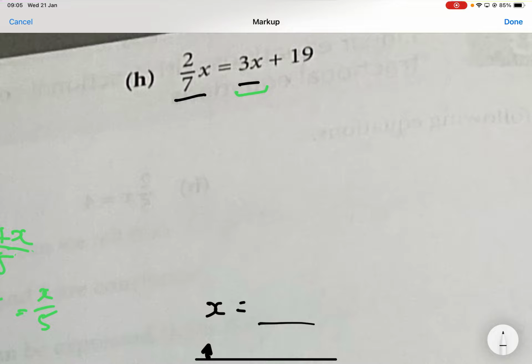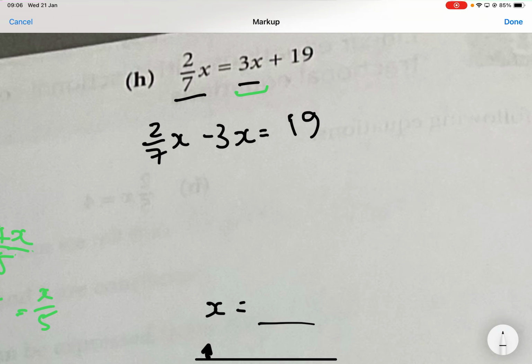Okay? So my 2/7x is on the left, I will keep it. But my 3x, I don't want it there. I need to subtract it away from the right. When I subtract it from the right, I need to subtract it also on the left. Then my 3x disappears, I'm left with 19 on the right.